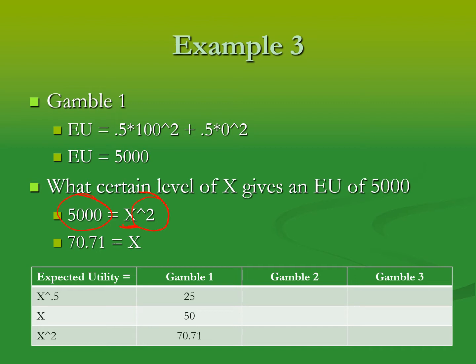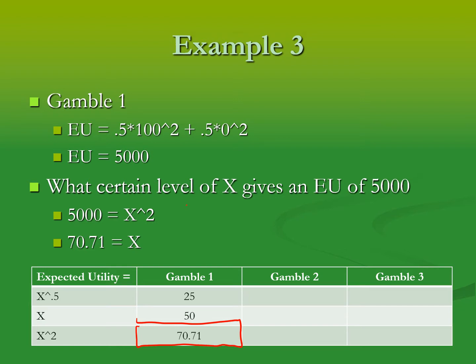We also know what the probability is. The probability is 1, so you can multiply this second part by 1, but that just leaves you with x squared. Then you can simply do the math from here, and your x will be 70.71. That becomes your certainty equivalent for gamble 1 when your utility function is x squared.